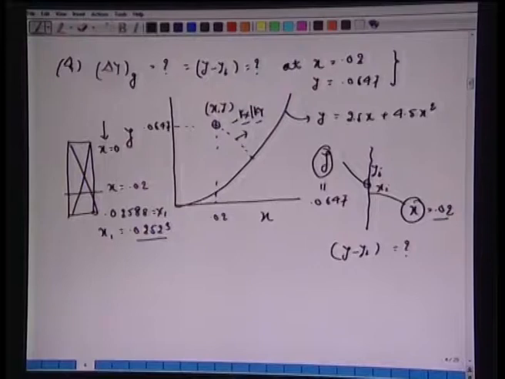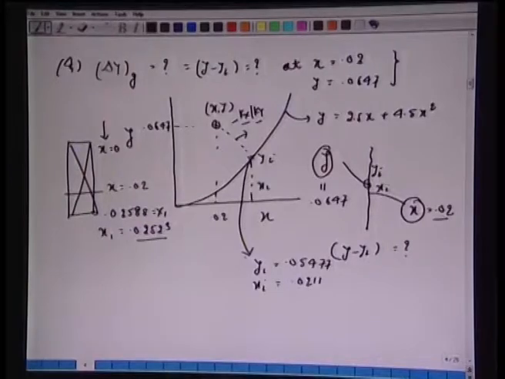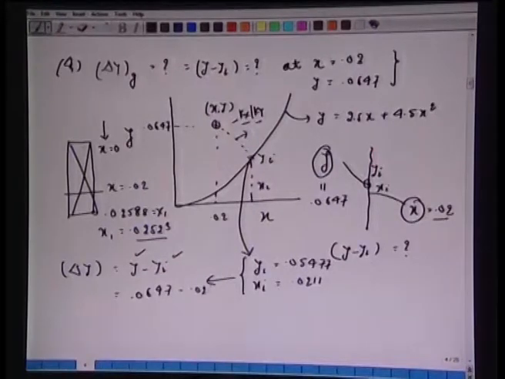We draw this line on the graph, and it intersects the curve at yi and xi. Graphically, yi turns out to be 0.05477 and xi turns out to be 0.0211. Based on this, we have the answer del y equals y minus yi, which equals 0.0647 minus 0.0211.